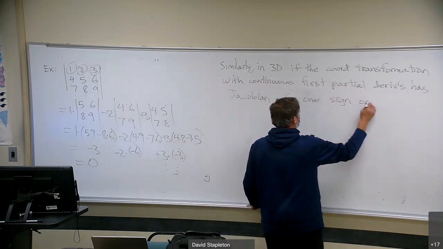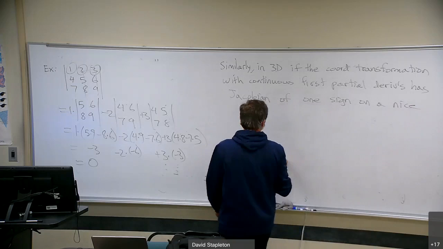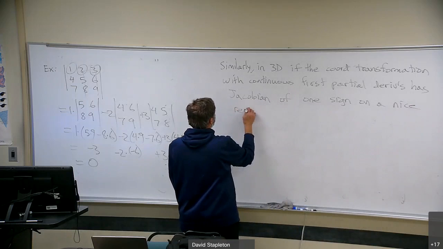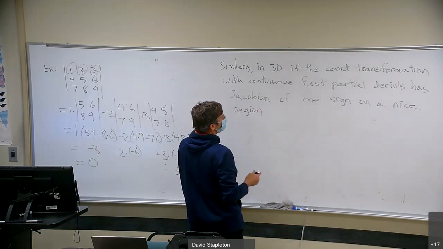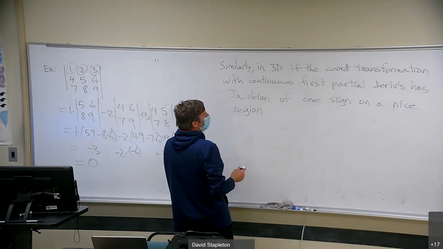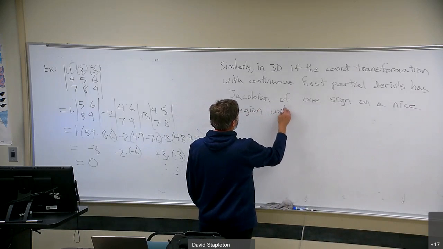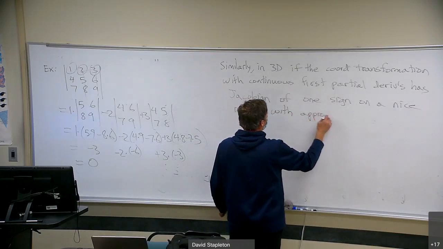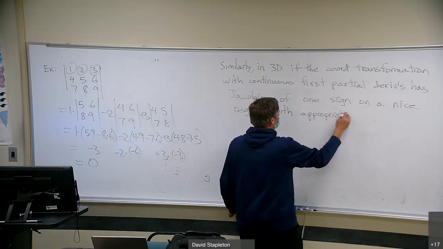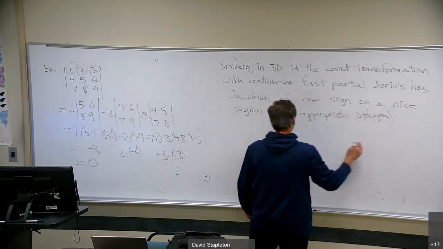We'll say on a nice region, not one with a fractal boundary or something, with a nice integrand. This means almost always; it's pathological cases.